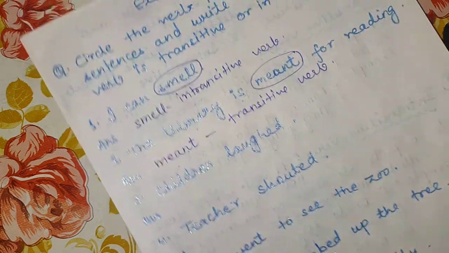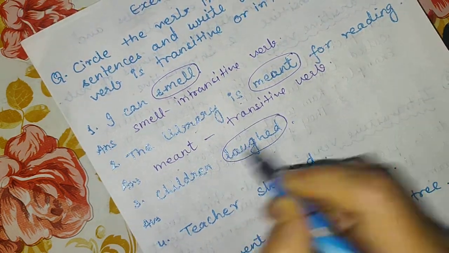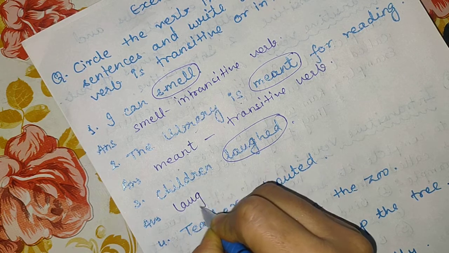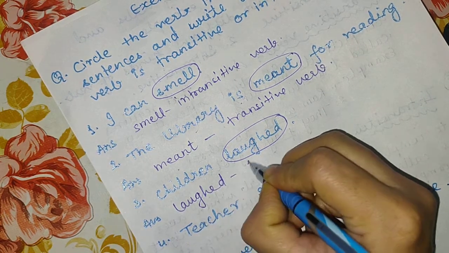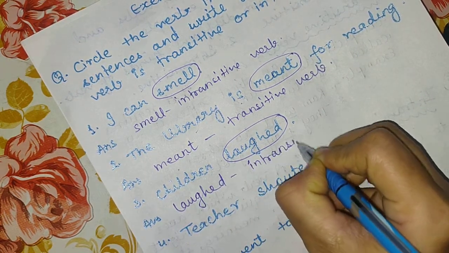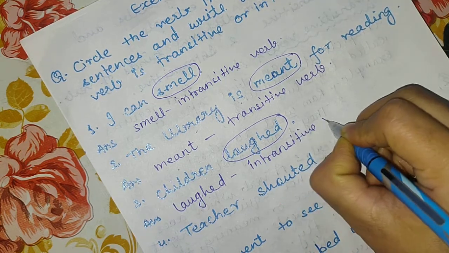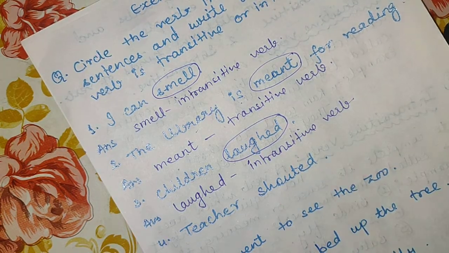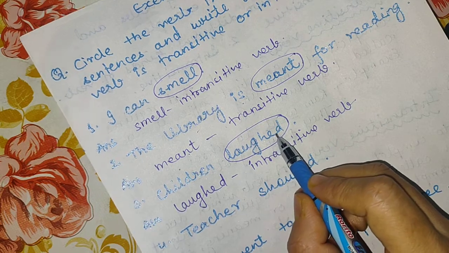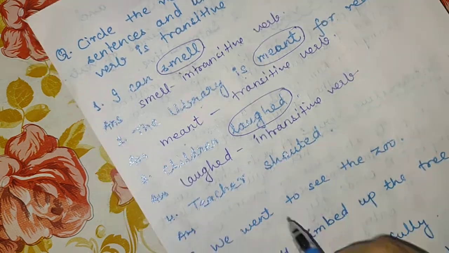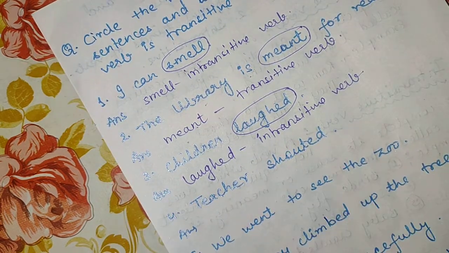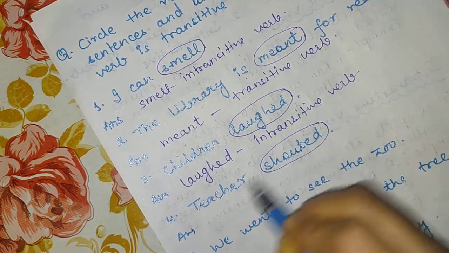So laughed is your verb, and it is an intransitive verb because it does not need any object to complete its meaning. Teacher shouted. Again, shouted is your verb, teacher is your subject.